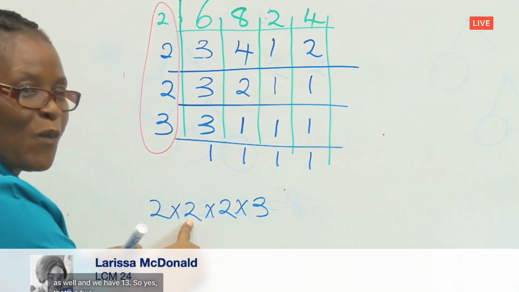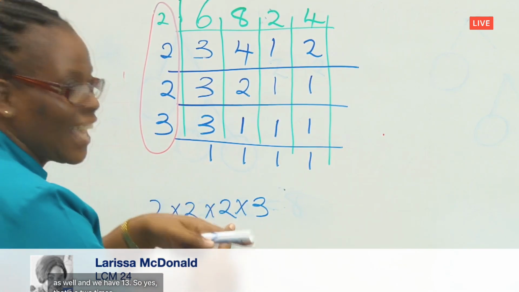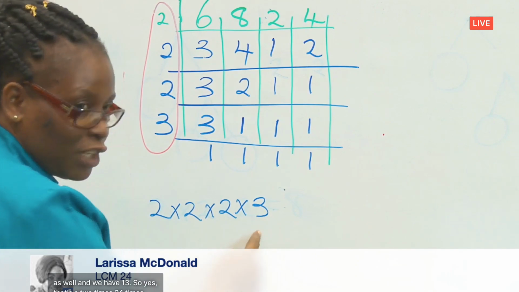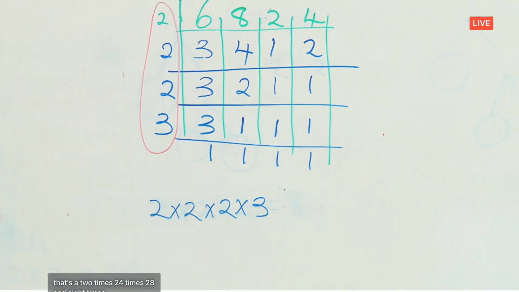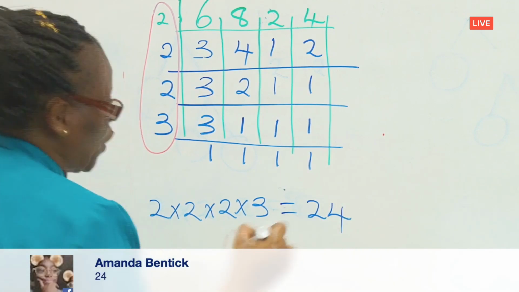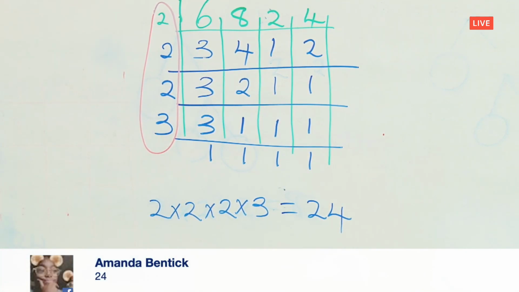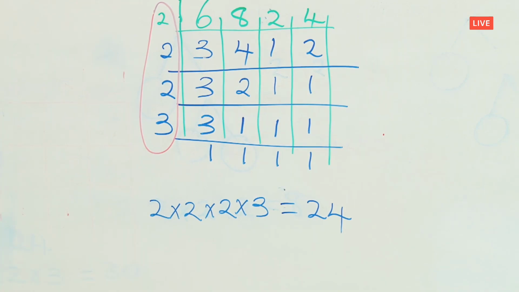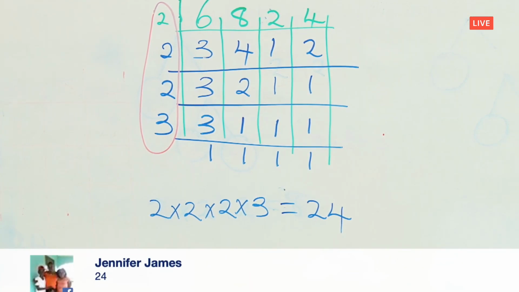So you make sure you have your 3 2s as well. And we have 1, 3. So, yes, Larissa, that is correct. 2 times 2, 4. 4 times 2, 8. And 8 times 3, 24. Thumbs up to Larissa. So our LCM is 24.